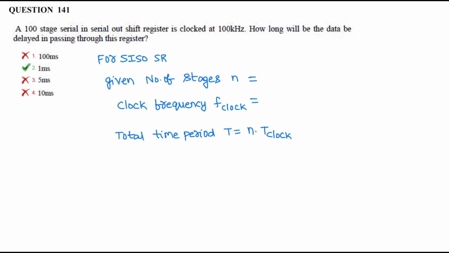Next question. A 100 stage serial input serial output shift register is clocked at 100 kilohertz. How long will the data be delayed in passing through the register? Given serial input serial output shift register, here the number of stages n is 100, and the clock frequency is 100 kilohertz.